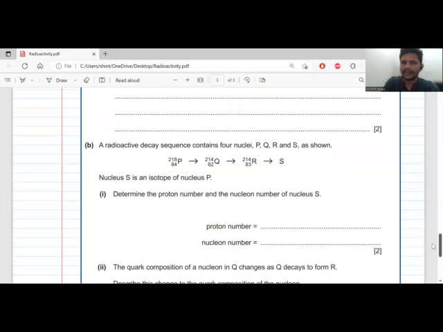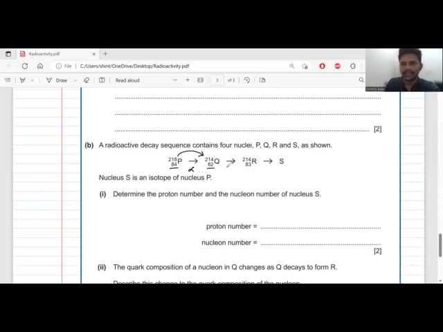A radioactive decay sequence contains 4 nuclei, P, Q, R, and S. Now, here you can see in the first part of the sequence, the atomic number is reduced by 2 and the mass number is reduced by 4. So here it should have been an alpha decay.